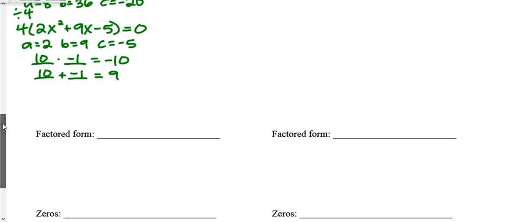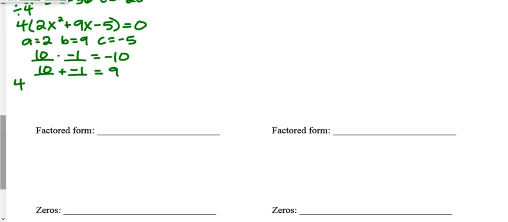So now we're going to rewrite our quadratic. So 4, that was a 2x squared, plus 10x minus 1x minus 5 equals 0.